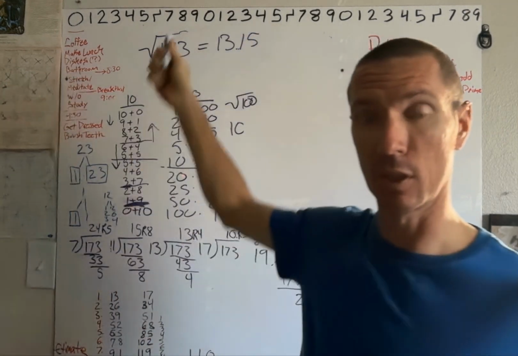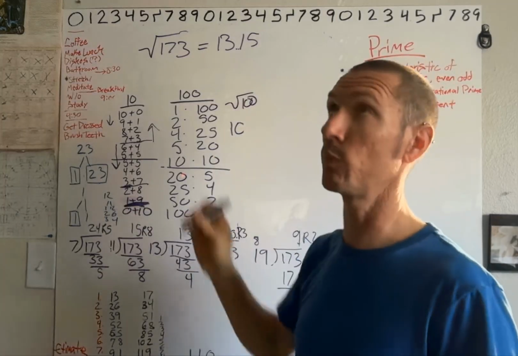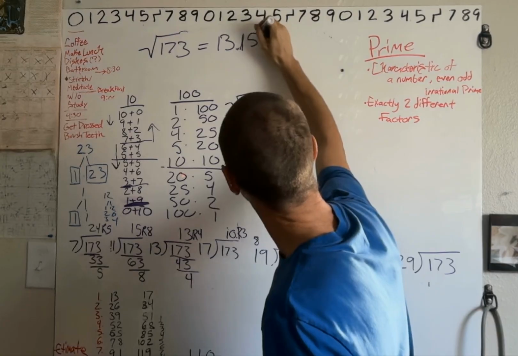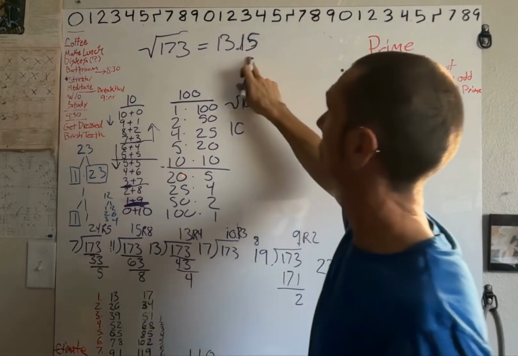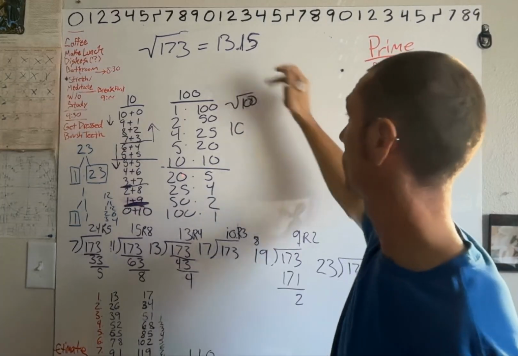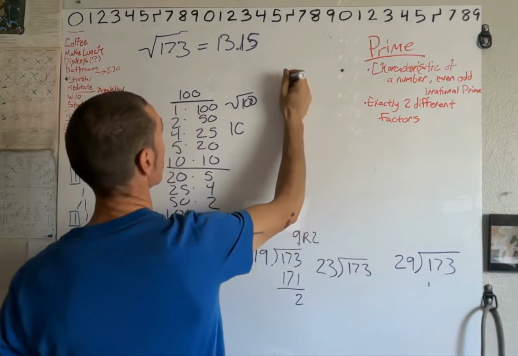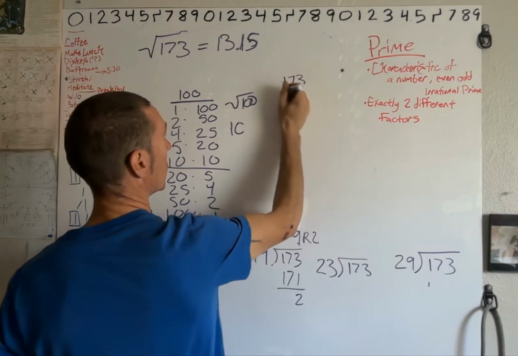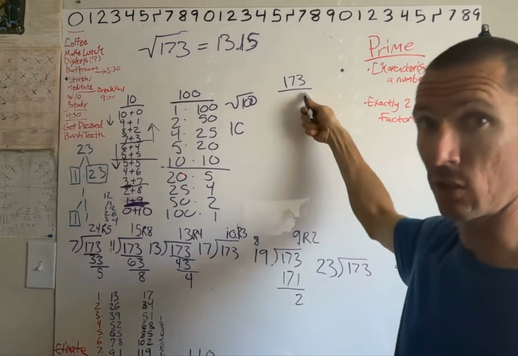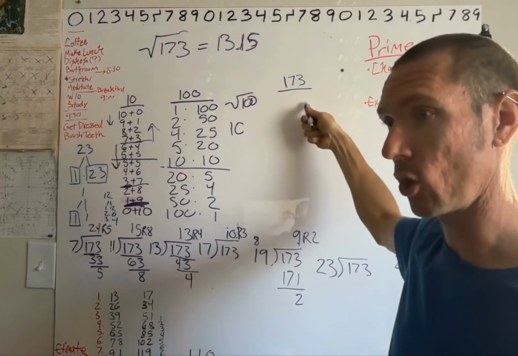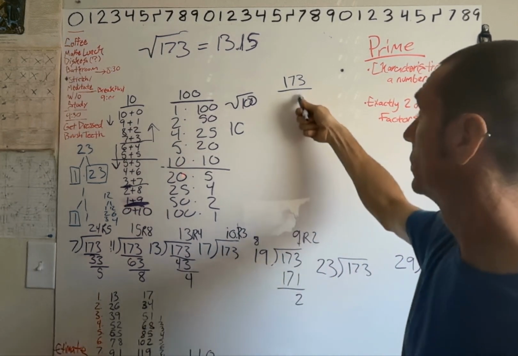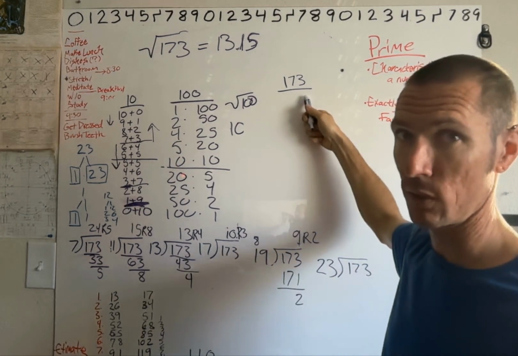The square root of 173 is 13.15. So when you're looking at factors of 173 to see if there are more than 2 different factors or not, you test 173 for 2.